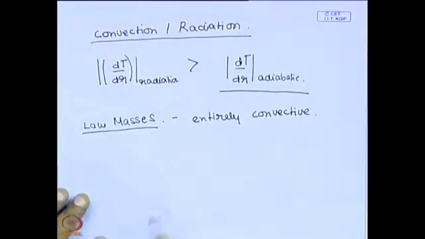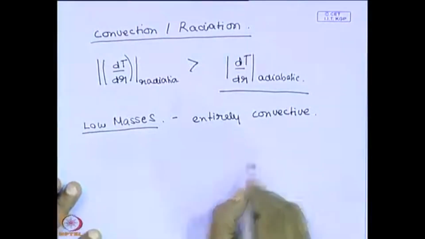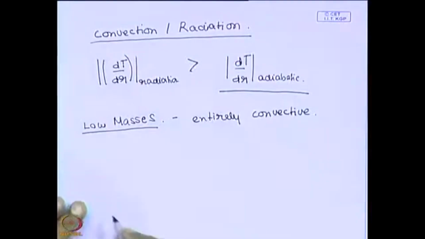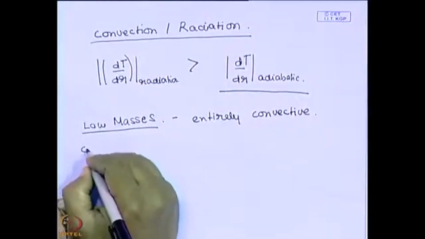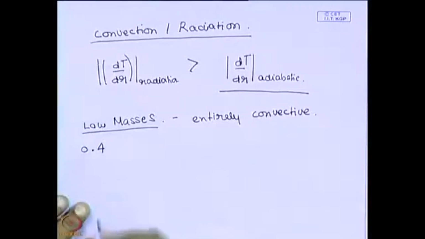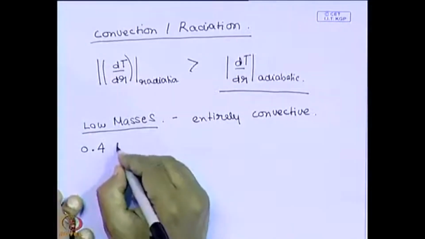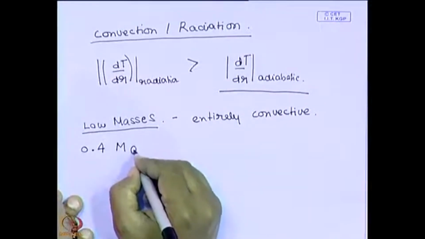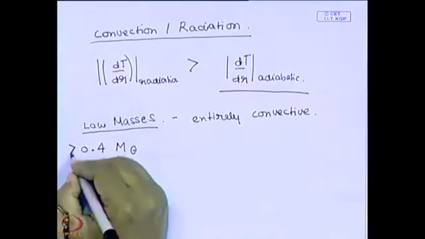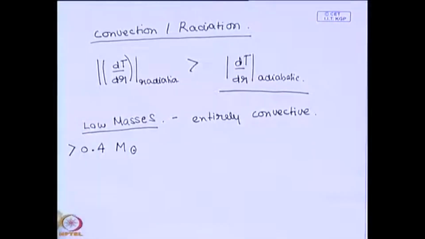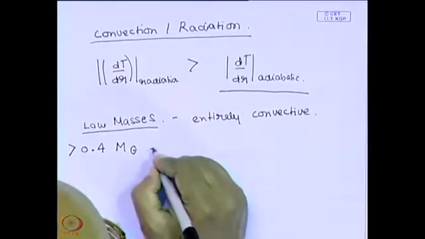And then as you keep on increasing the mass, once you cross 0.4 times the solar mass, you develop a radiative core.